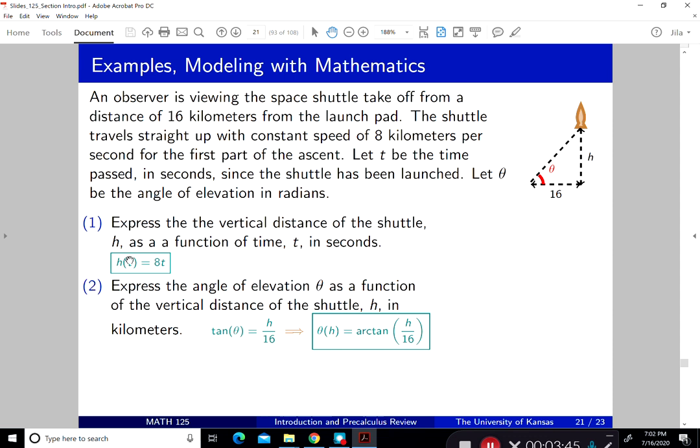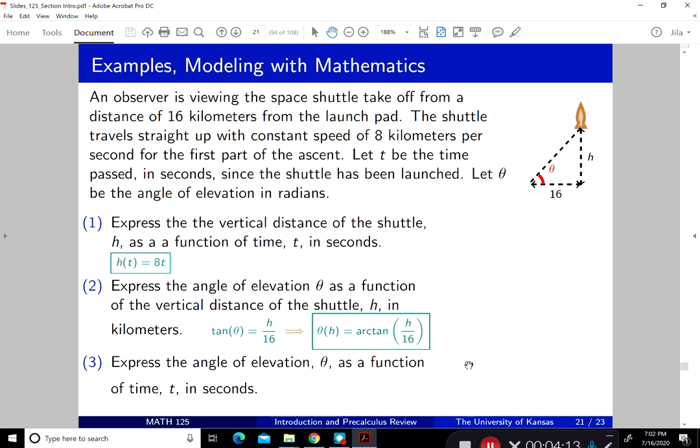Do you see over here I had h of t, which is h as a function of t. T is what the input is. And here is theta of h, and h is the input, is equal to arctan of h over 16. Over here I basically solved for theta, and then I remembered because theta is going to be a function of h, I use that notation of parentheses h in there.